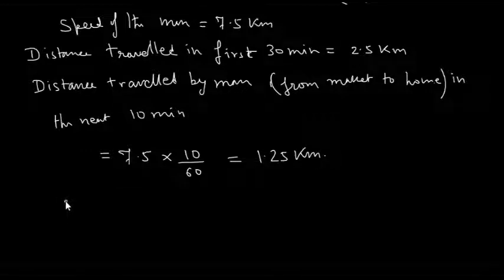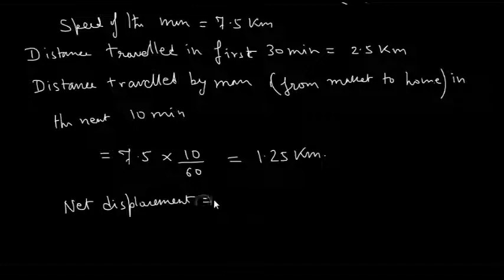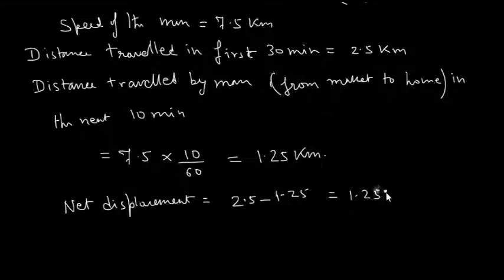Net displacement is equal to 2.5 minus 1.25 is equal to 1.25 kilometer.